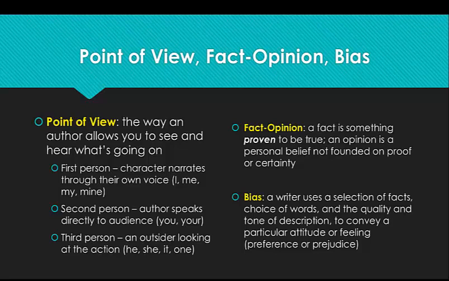You might have a preference toward a particular type of food, or you may be prejudiced against a particular type of music because you just don't like it. And again, this is called bias because there may be information that suggests that it could go either way, but the author is only going to use the information that supports their preference or their prejudice. So we've got to be on the lookout for these things.